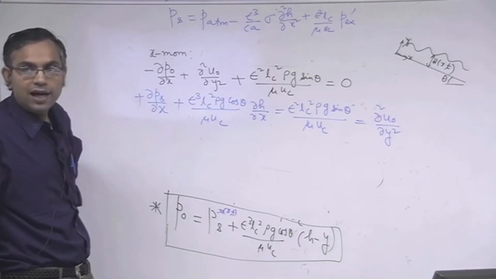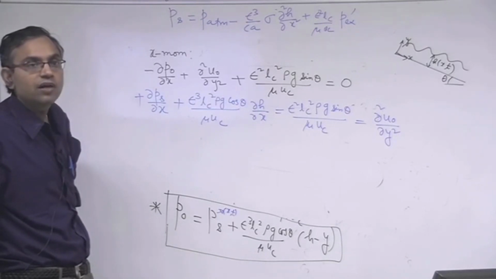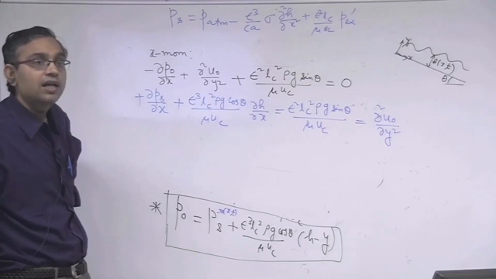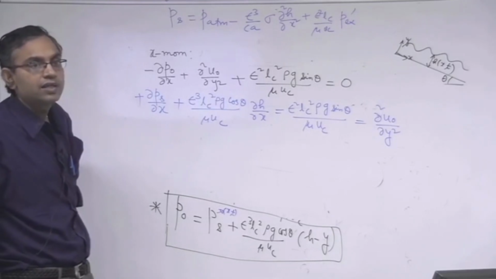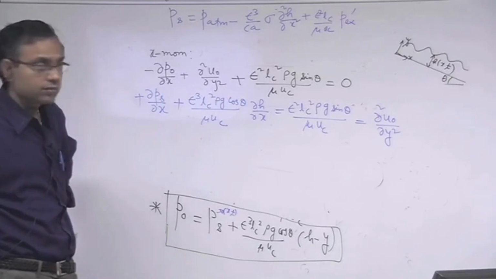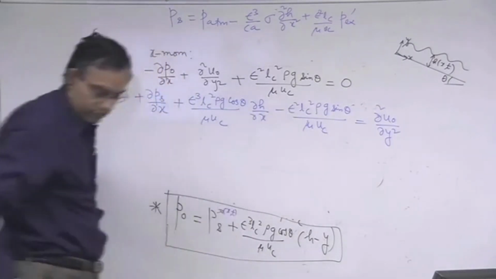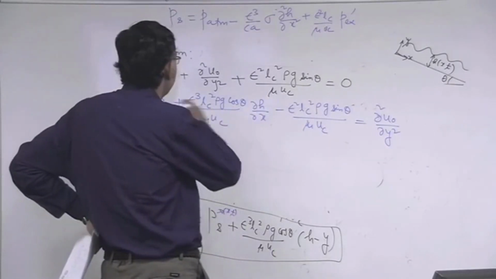Had H not been a function of x, that would not have been important, but pressure variation is a function of H and H is a function of x. So, that makes it coupled with the x momentum equation. Which one? Plus? Yes, yes, this is plus. This is minus, yes.